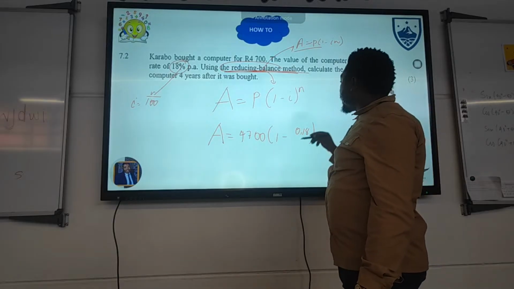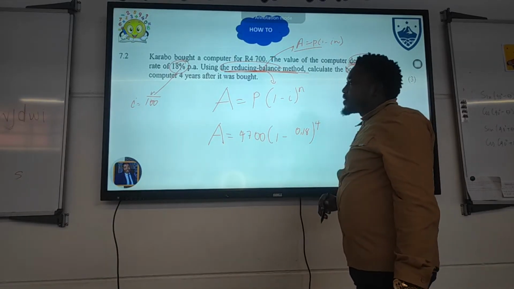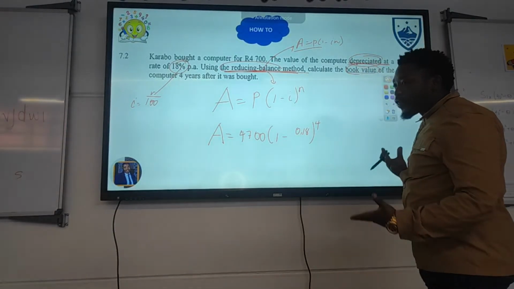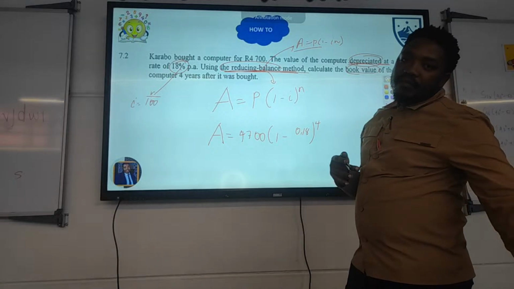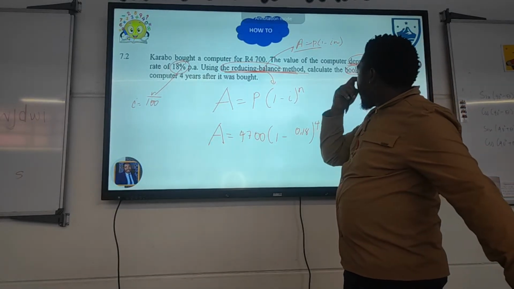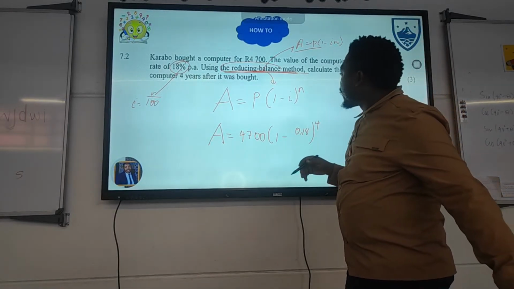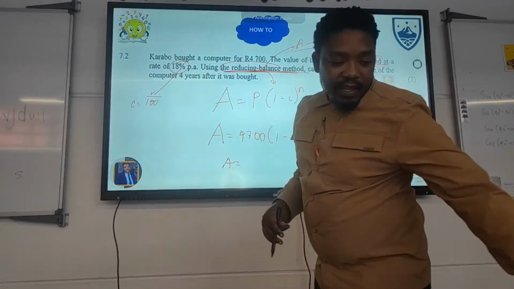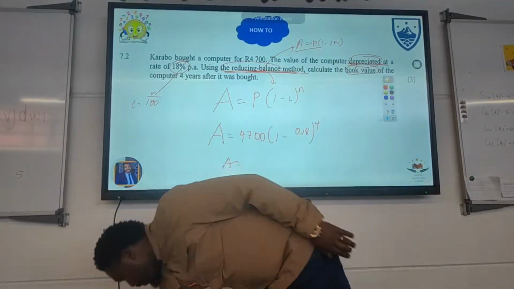How many years is it? It's actually 4 years. So we want to find out how much this computer will be worth after 4 years. So we put n as the number of years, which is just 4, and then for A we will simply paste this in the calculator. I think it's a straightforward one.